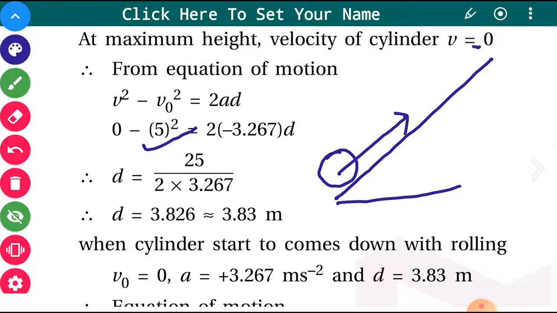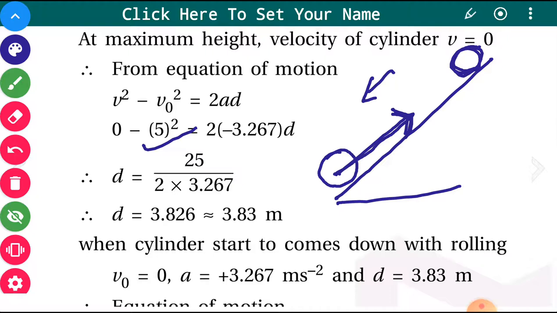Finally when it reaches this point, then it stops for a while. Try to understand, this is a different concept. When it is going down, the initial velocity is 0. When it is moving in the upward direction, it must have initial velocity, otherwise it would not move. So it has initial velocity of 5 meter per second.